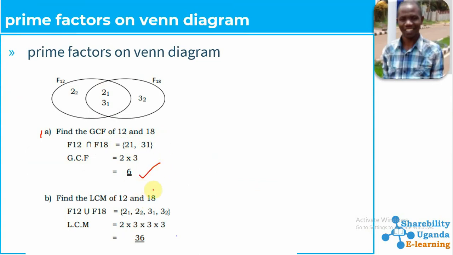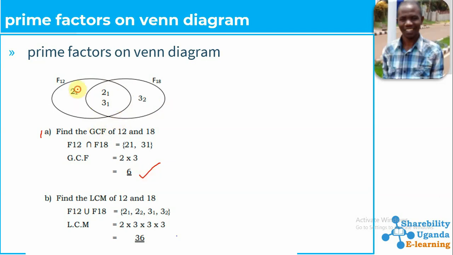Then when they ask us to get the lowest common multiple by factorization, we said this is the same as the prime factors of 12 union the prime factors of 18. Using the concept of our sets, we said union means you get all the members in both sets without repeating any.